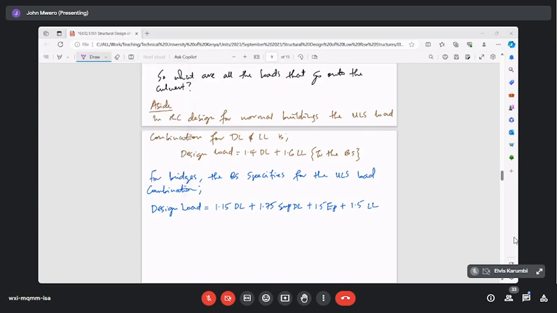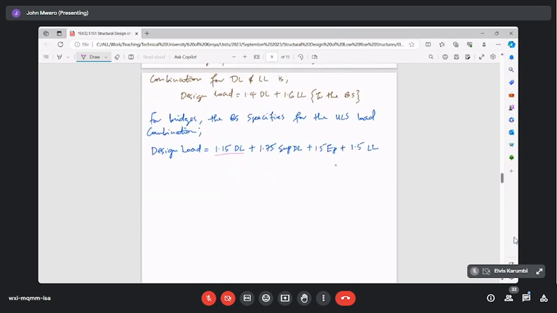EL is the normal dead load, e.g. the weight of the concrete, steel, etc. So this one is the normal dead load.